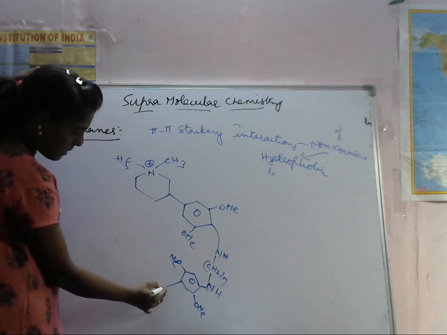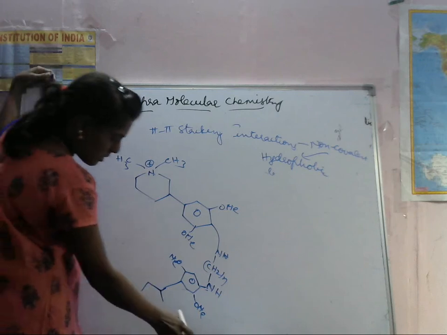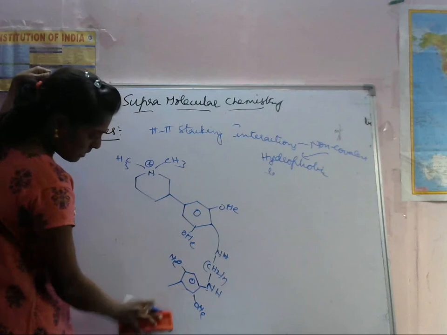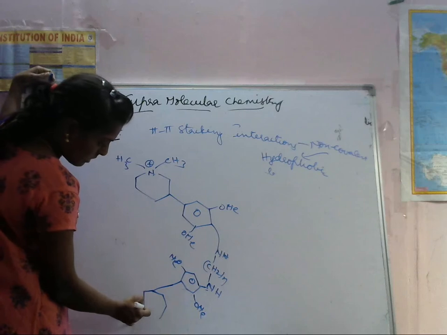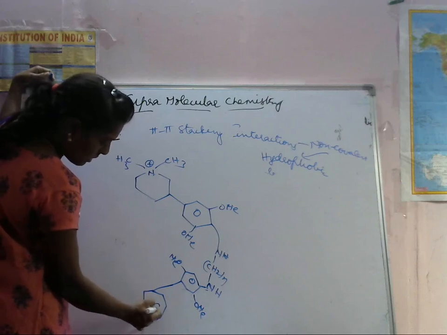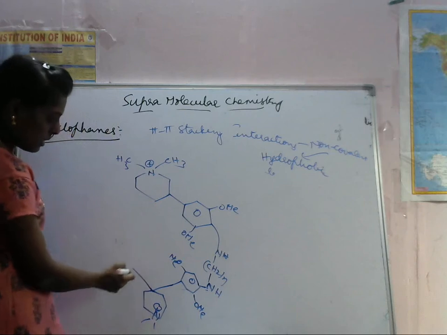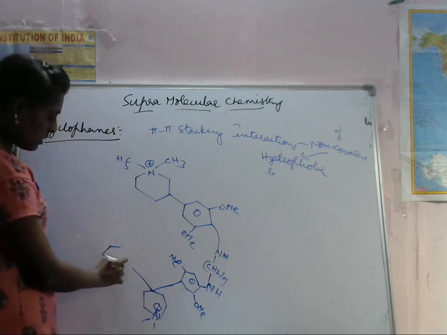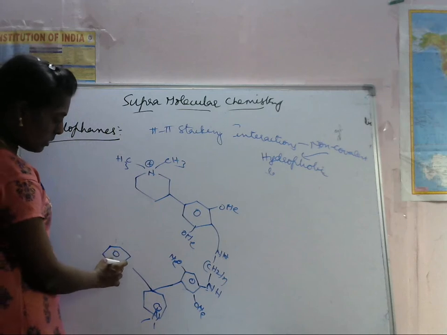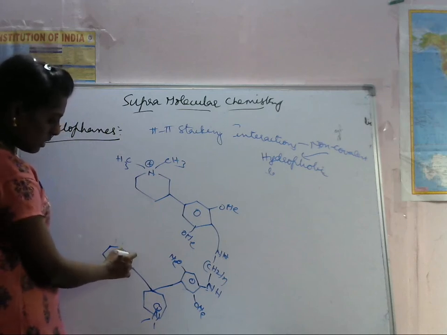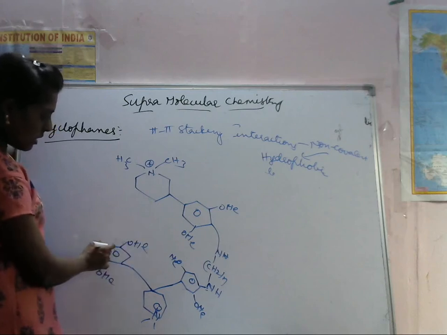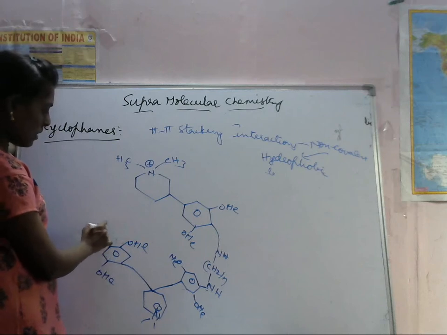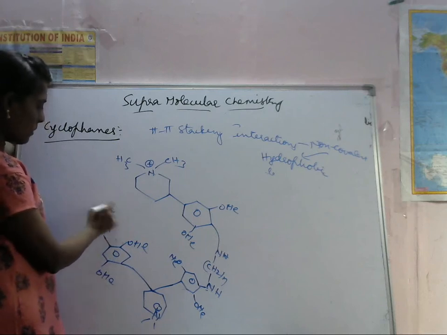Here nitrogen is there plus 2 methyl groups, and again it is attached to a methyl group, and here OMe groups are there, and here NH, here CH2N.